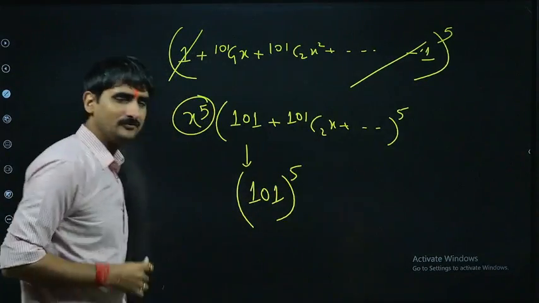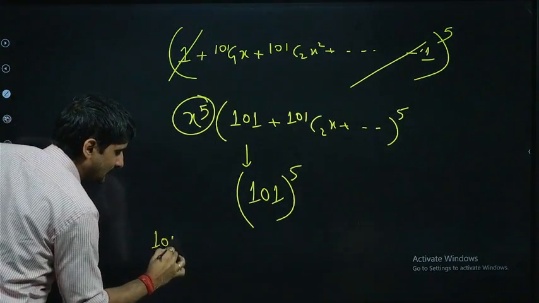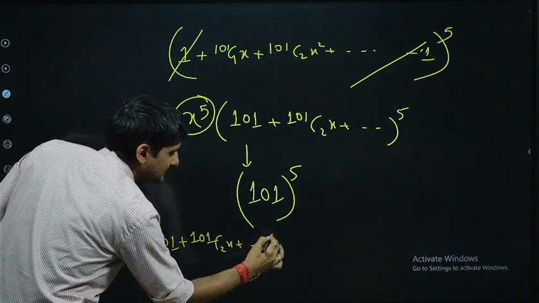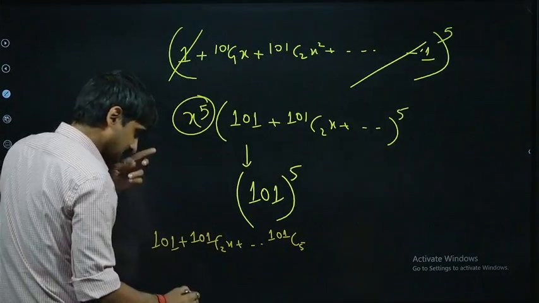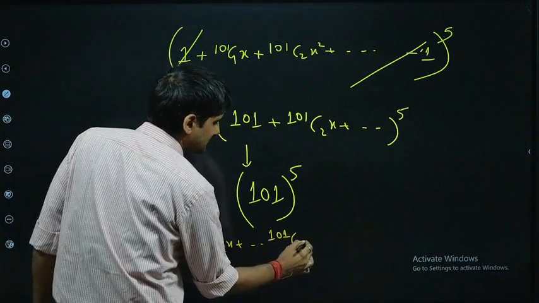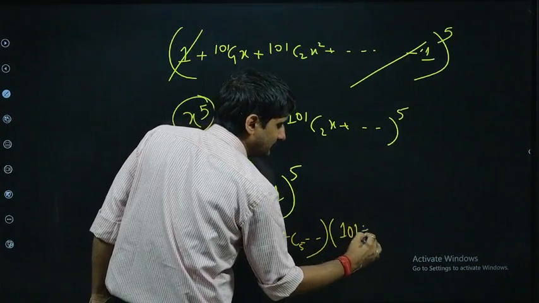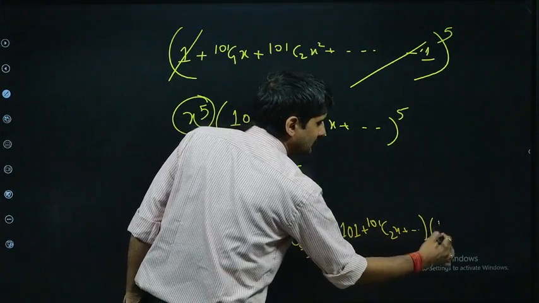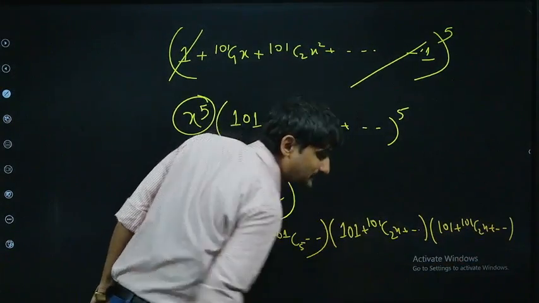I believe all of you will get it. Now you might be thinking, let me explain it quickly: we have to just multiply it 5 times, and that's a long expansion. So multiply it 5 times, (101 + 101C2 x + ...), and similarly (101 + 101C2 x + ...). So we have 5 such brackets.